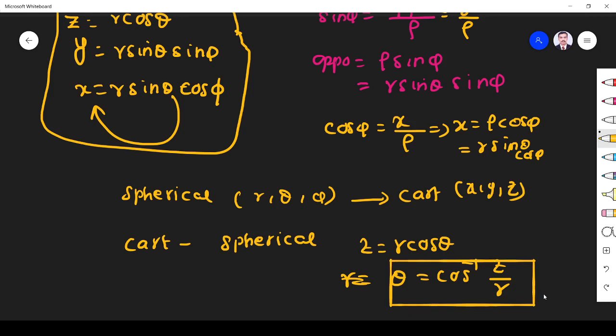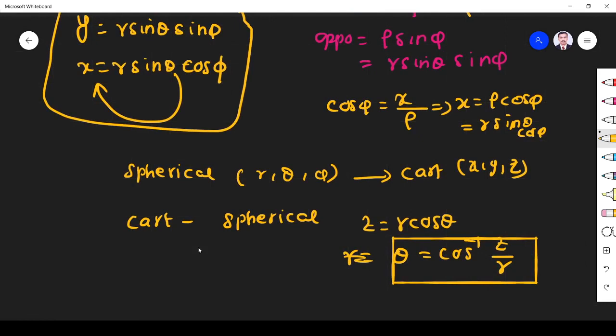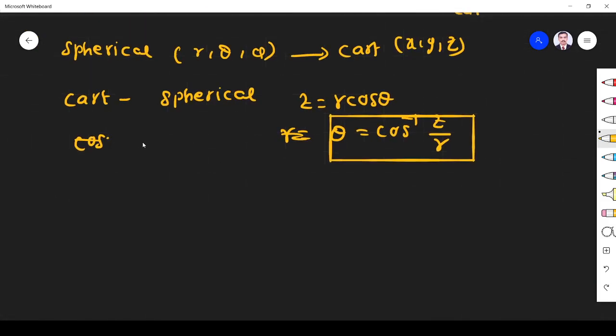But theta is still in terms of r, which is a spherical quantity, and I want everything from Cartesian. Z is the numerator, but what about r? I have to find that later. So theta is equal to cos inverse of z by r.